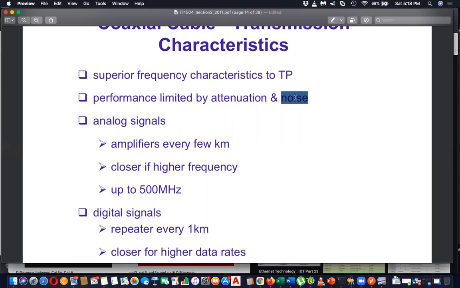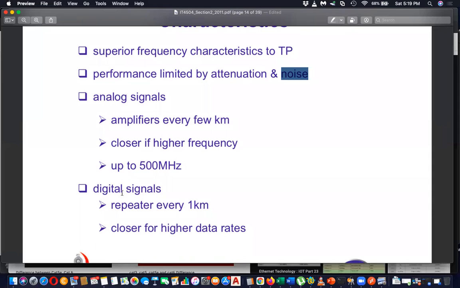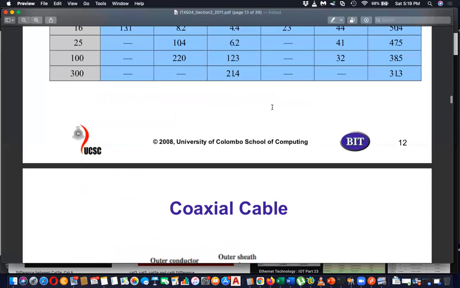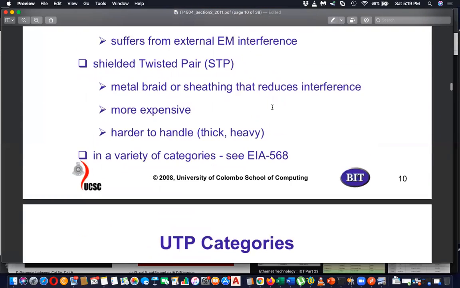And from time to time, even when wind comes, it generates noise. For analog signals you can use it for a few kilometers, but for digital it needs a repeater every 1 kilometer. So it is affected more by attenuation and noise, even more than the traditional twisted pair cable.